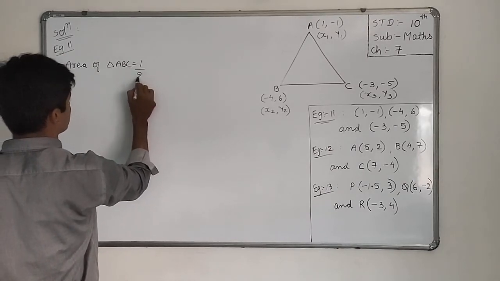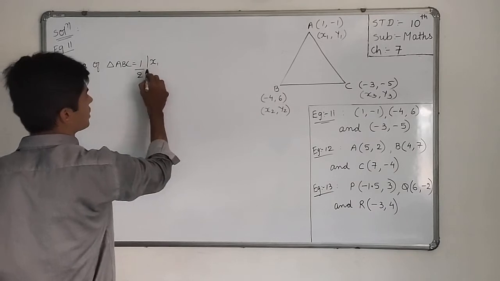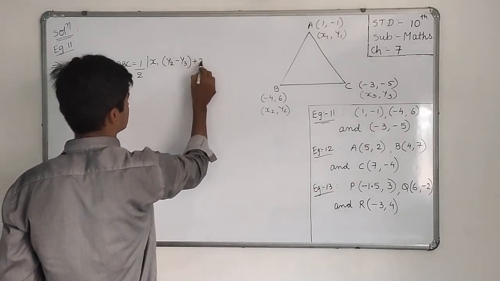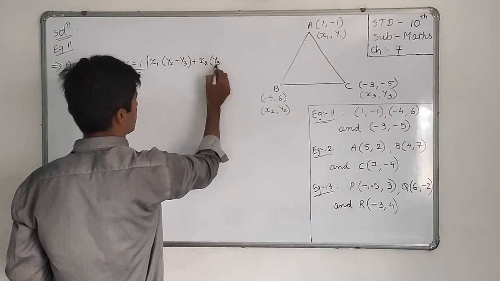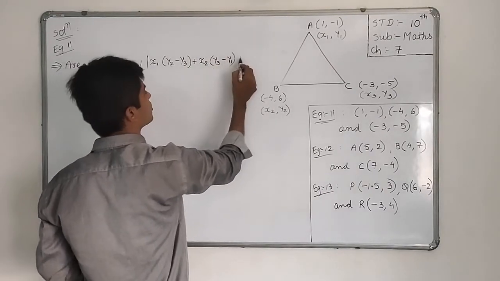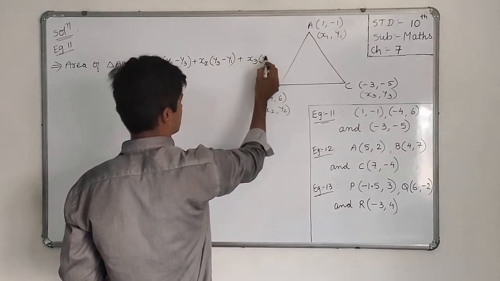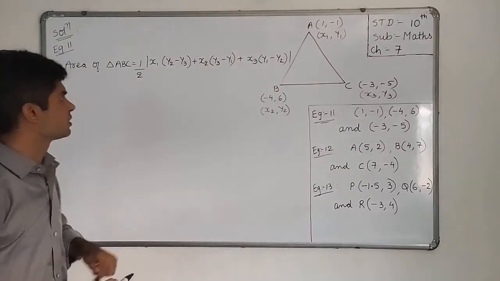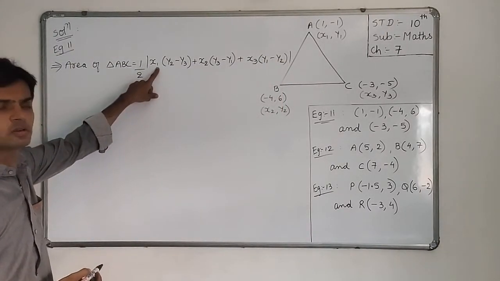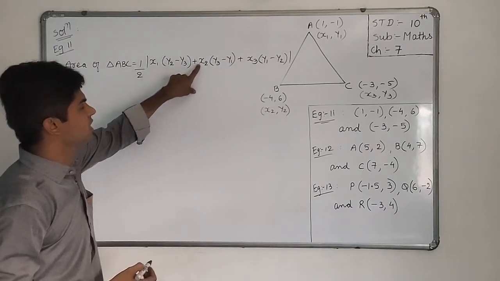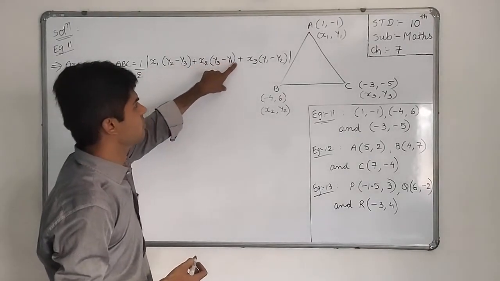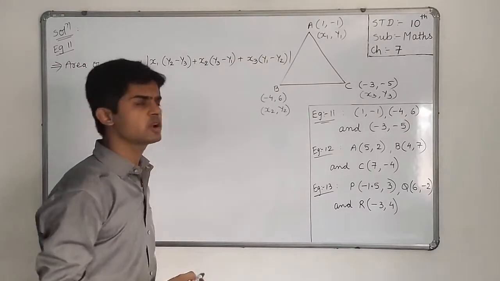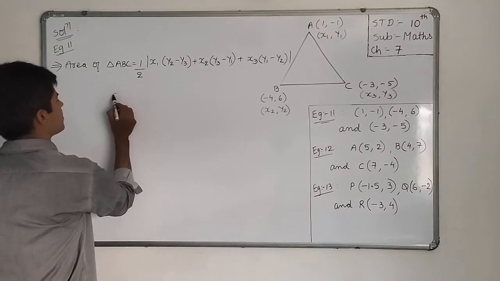See, half modulus x1 inside bracket y2 minus y3 plus x2 y3 minus y1 plus x3 y1 minus y2, bracket over, modulus over. आया समझ में? Let us put down the values and we will get our answer. Very simple.